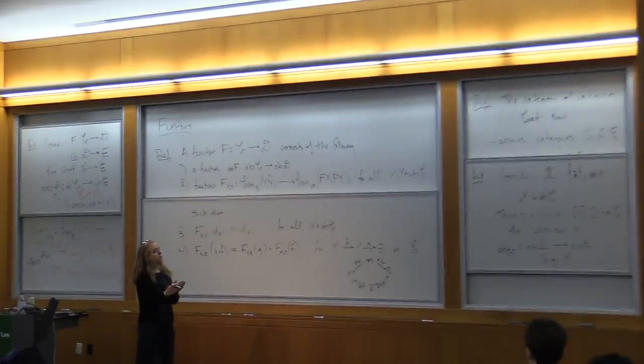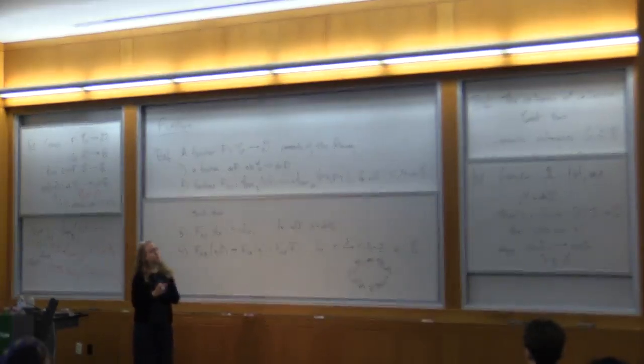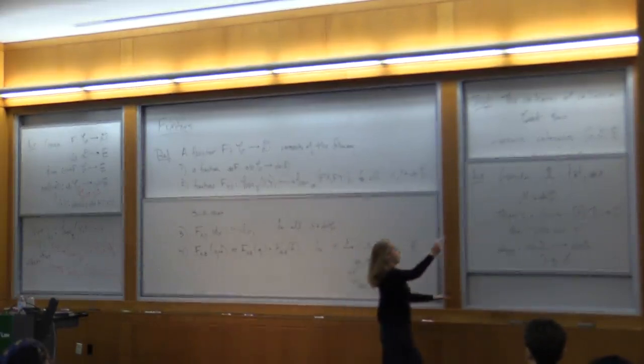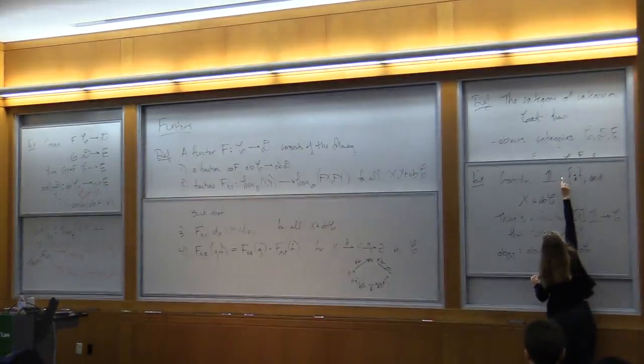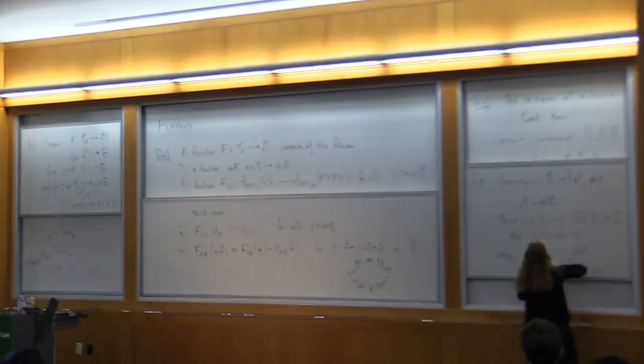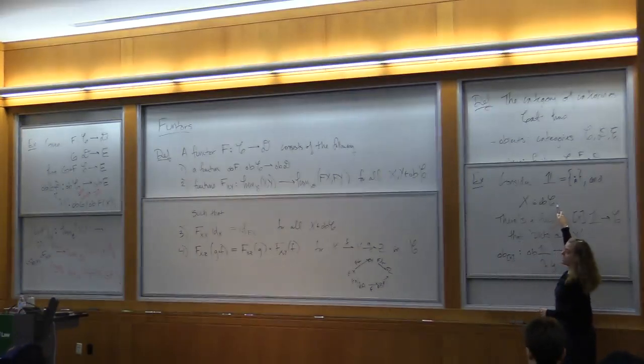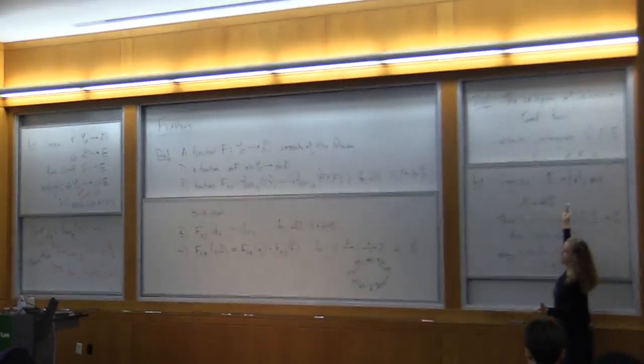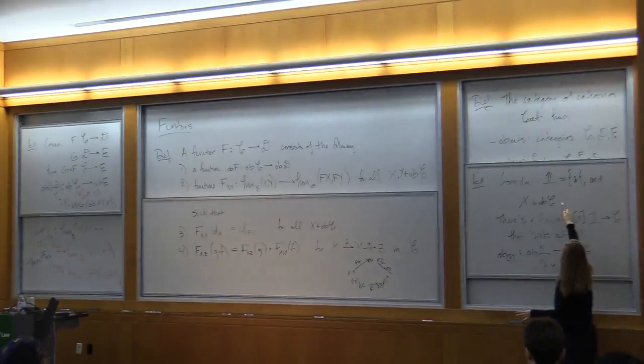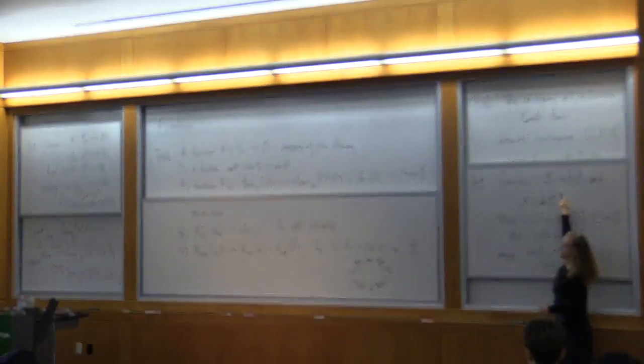I understand that 1 is just the category that is just one thing, but I'm having trouble with C. So C is just an arbitrary category. Okay, so X and C are just arbitrary variables, and 1 is something specific.